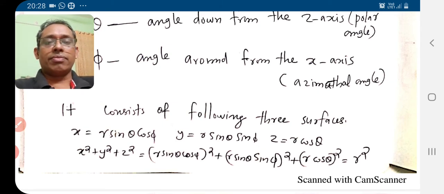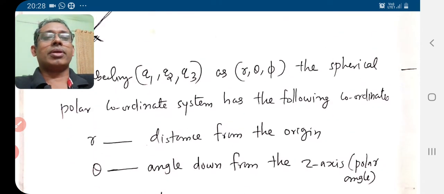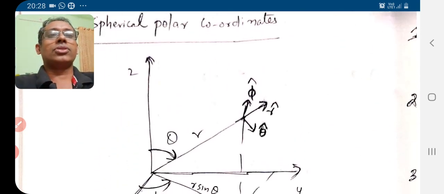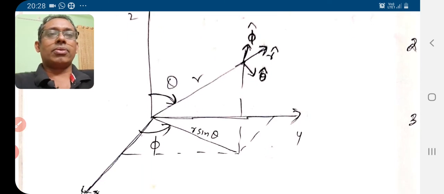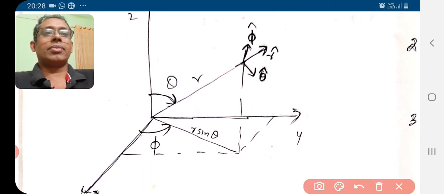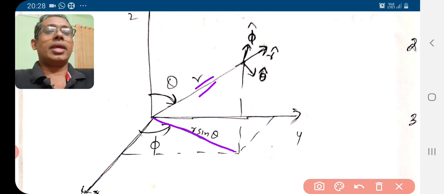And what are those surfaces? The transformation from the xyz, the Cartesian coordinates, to the spherical polar coordinate system is given by this. This distance is r, and this is the projection of this r on the xy plane.